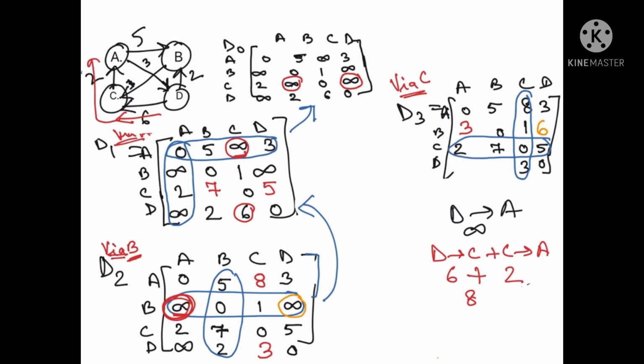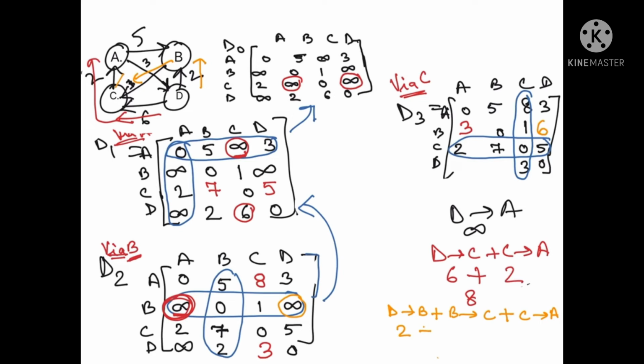So this is your direct path. But one more thing which you have to observe is D to B and then B to C and C to A. So D to B plus B to C plus C to A. So what is D to B?